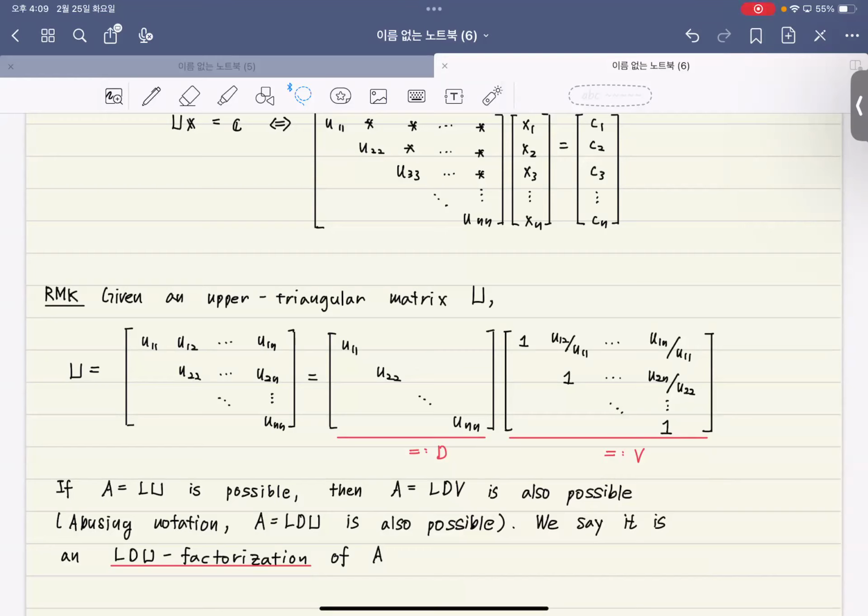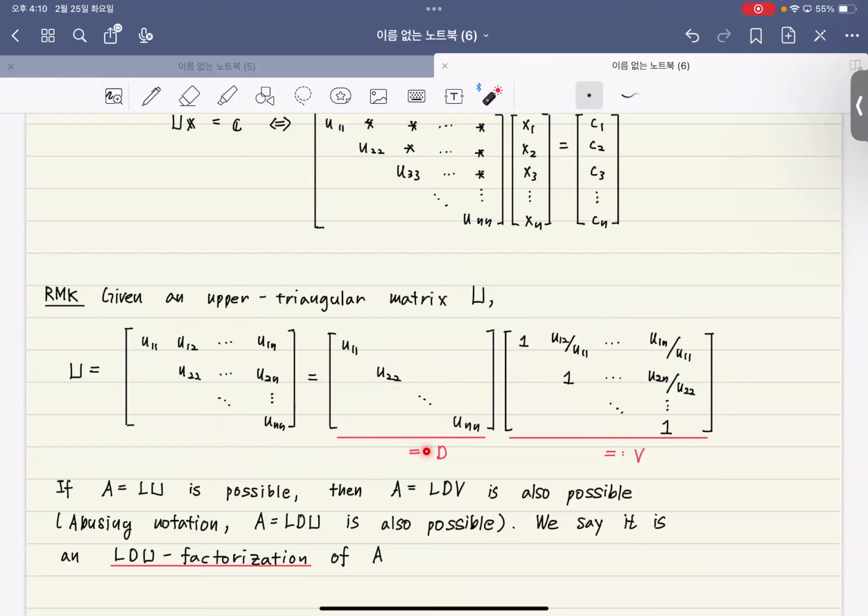And in the second row, all these entries were obtained by simply dividing everything by U22, and so on. And if you multiply this diagonal matrix by this upper triangular matrix, you can easily be convinced that the product is going to be your original upper triangular matrix U. So this factorization is also possible.